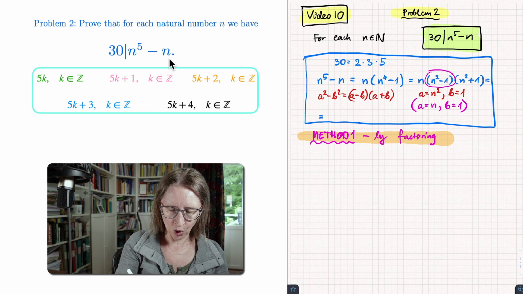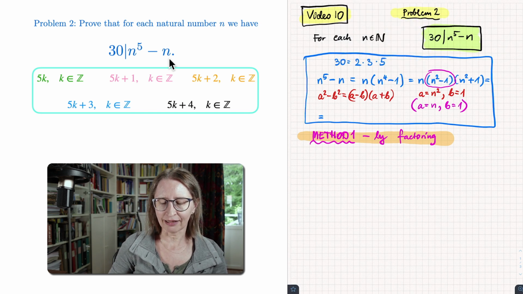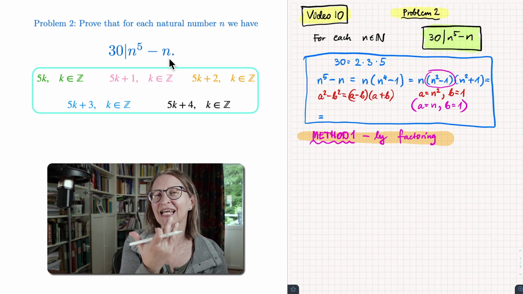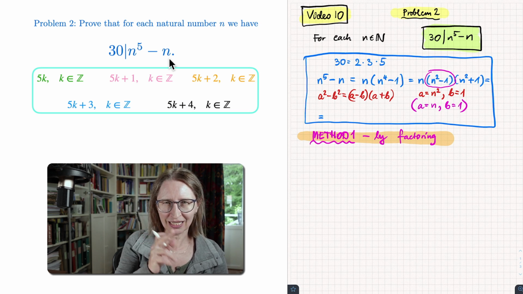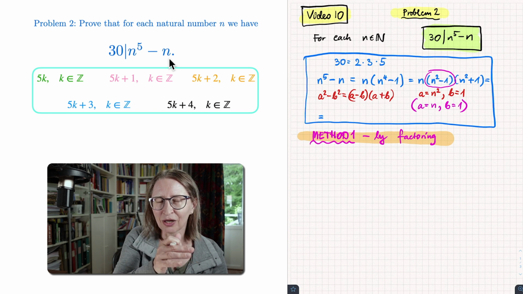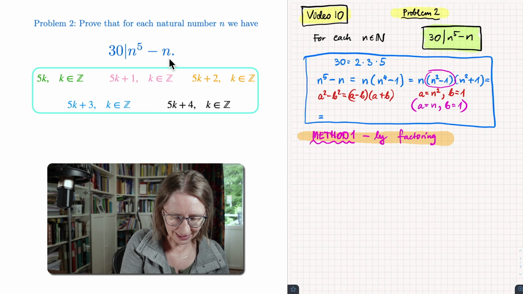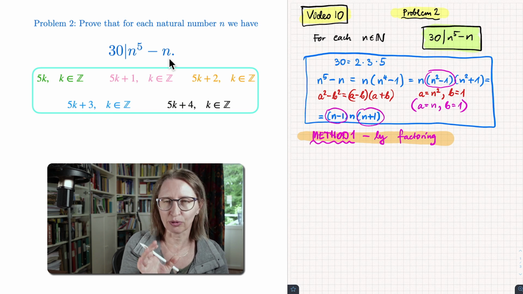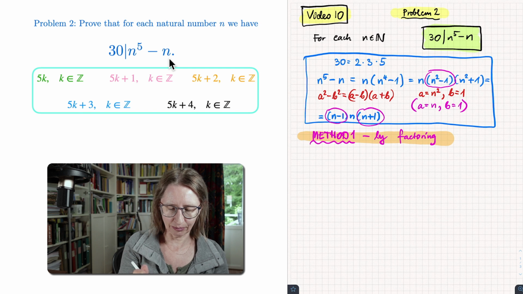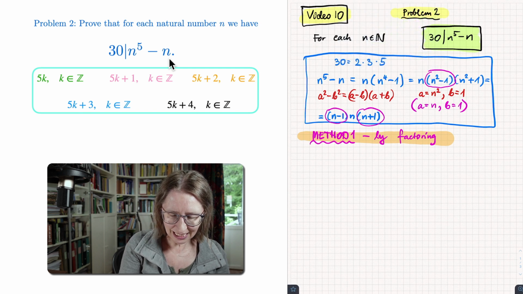So I can factor n squared minus 1 as n minus 1 times n plus 1. Changing the order of the factors, I have n minus 1 times n times n plus 1. The product of n minus 1 and n plus 1 is n squared minus 1, and then I still have n squared plus 1.